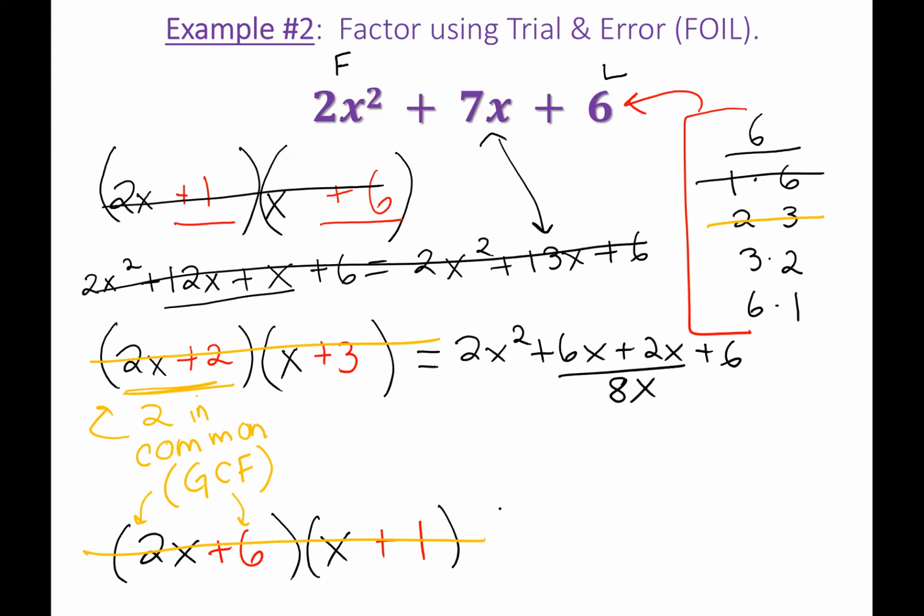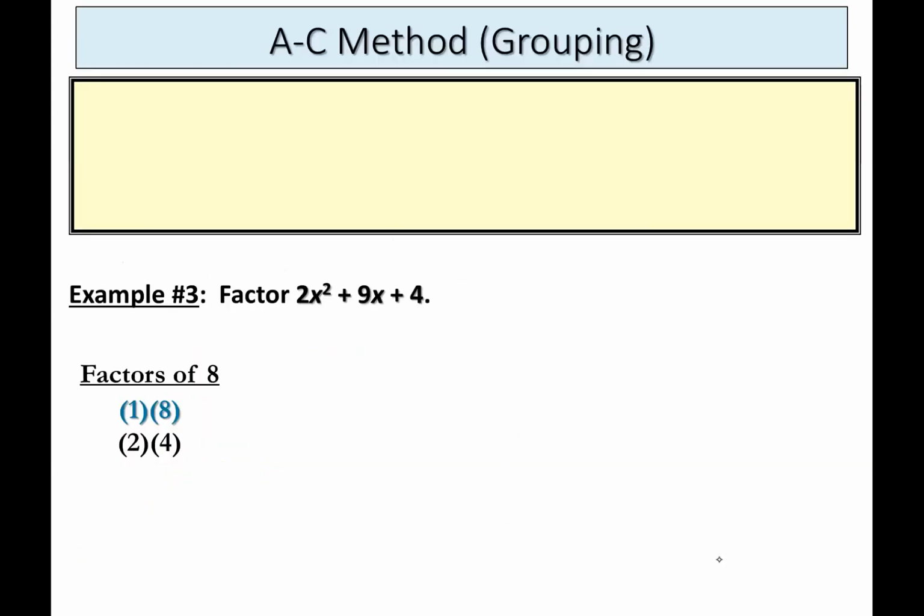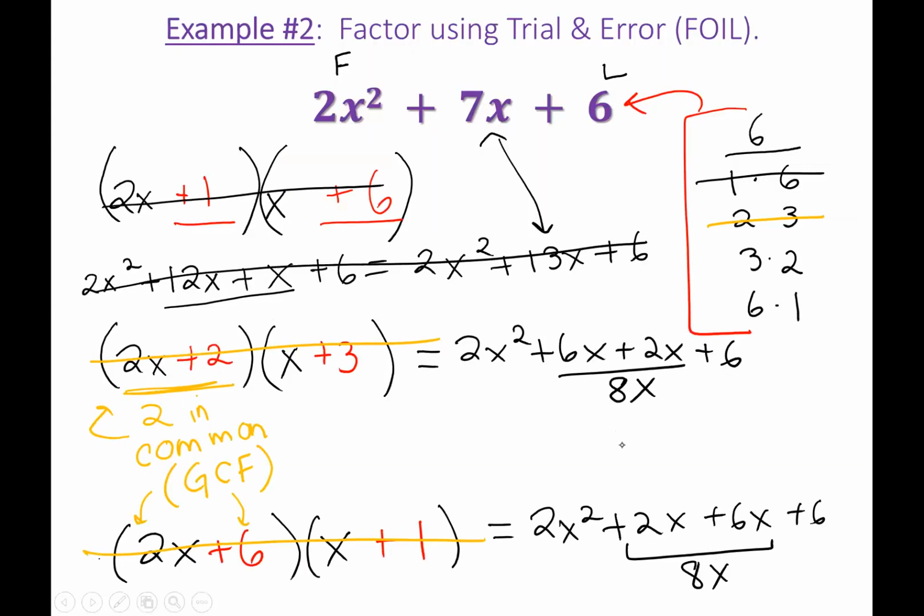And then for this one that we just tried, if I were to FOIL 2x plus 6 and x plus 1, I'd get 2x squared plus 2x plus 6x plus 6. And actually, look, it's the same answer. For the same reasons for both, when we FOIL, we're not getting that 7x that we're looking for.